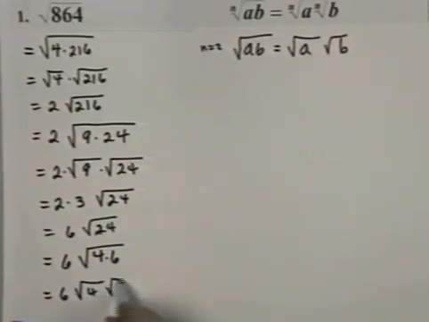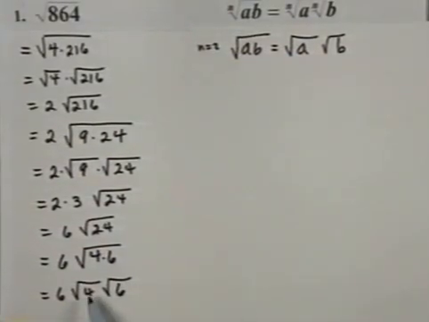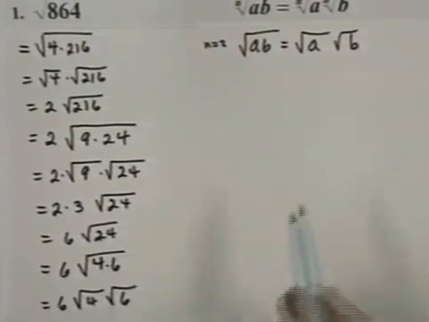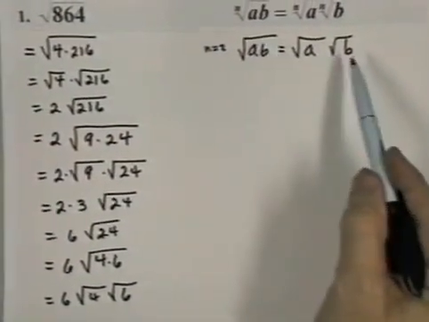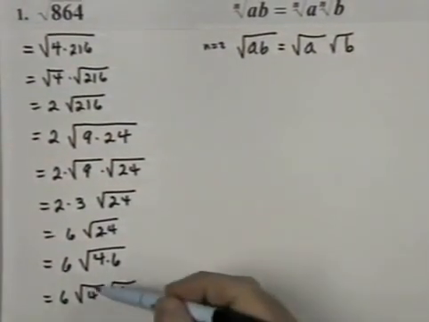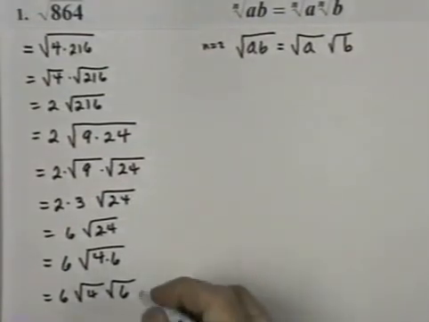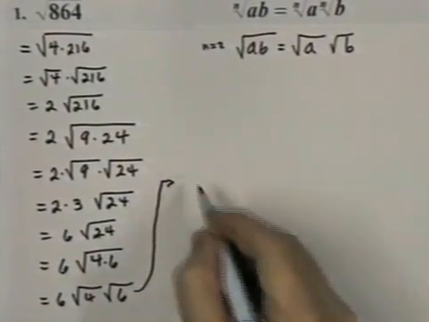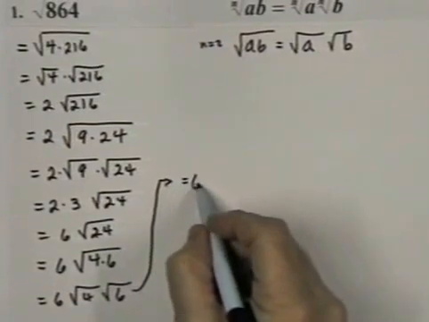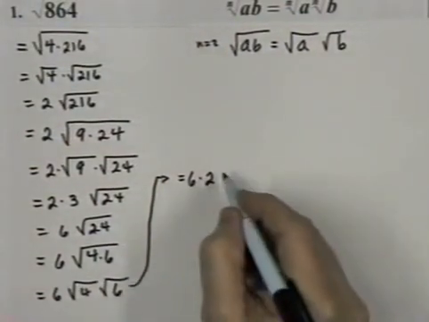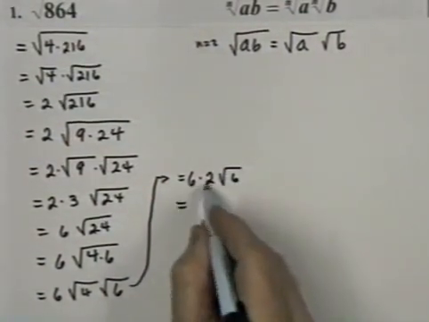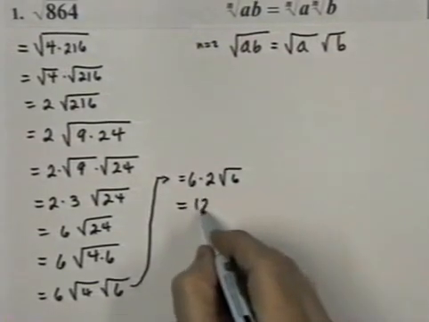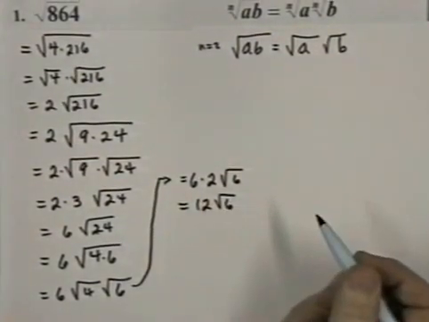I can again apply that property, the square root of 4 times the square root of 6, using the property that the square root of a product is the product of square roots. And I know the square root of 4 is 2. And here I'm going to write 6 times 2 times the square root of 6, or 6 times 2, that's 12 square root of 6.